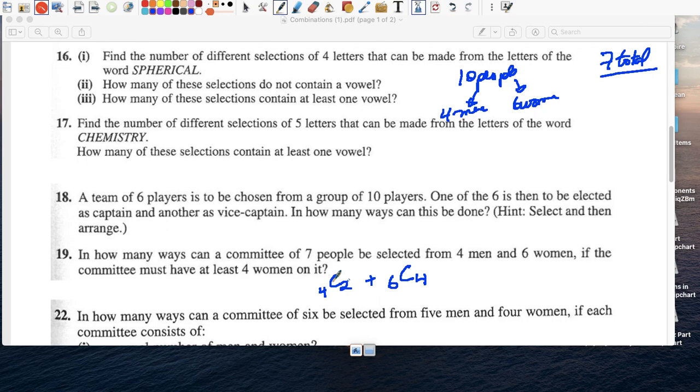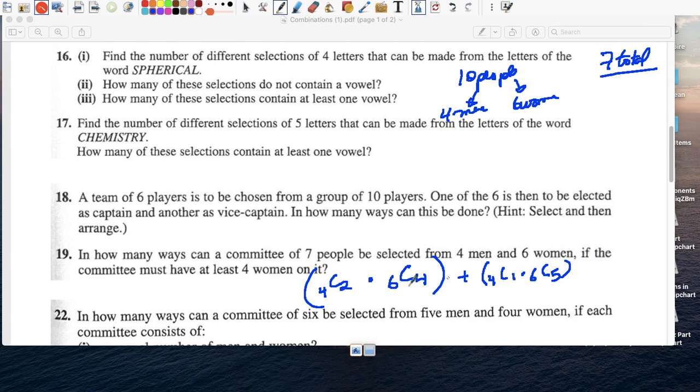Plus the other scenario is where you're going to have 6 women to choose from, and you're going to have 5 women in the committee, which means from the men, we have 4 men, you only get to pick 1.